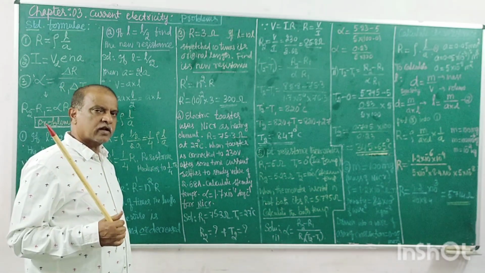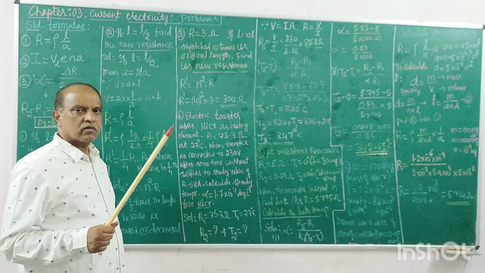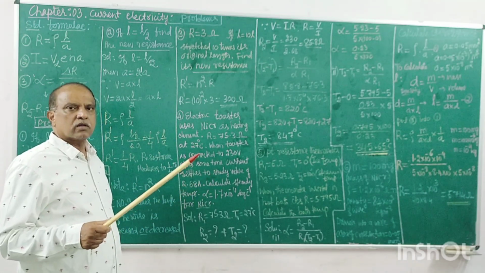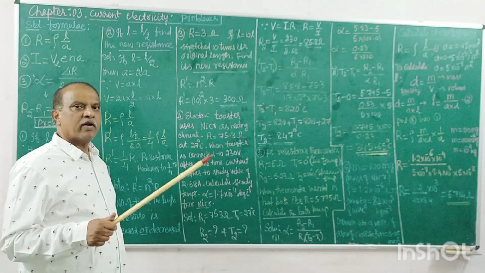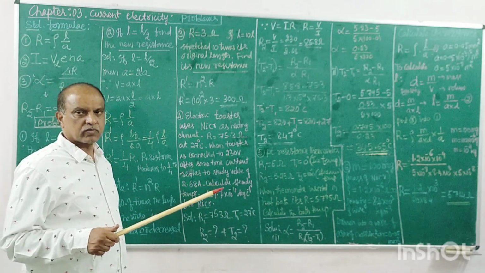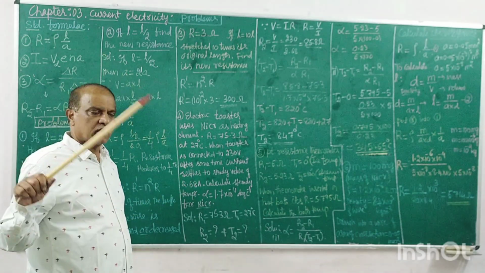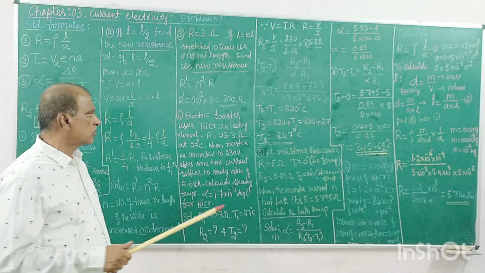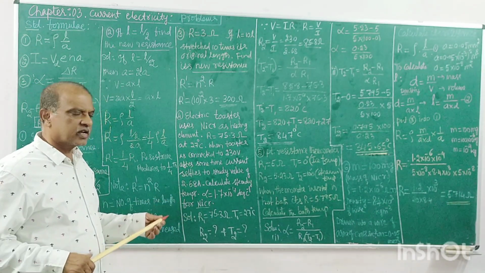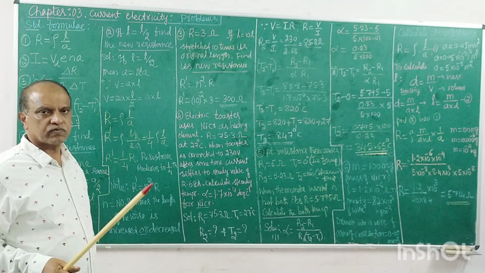Upon passing electric current through that resistance or resistor, what happens? Heat is liberated because power dissipation takes place. I told you that power is dissipated upon passing electric current through any resistor. So because of power dissipation, electric energy changes into heat energy, and temperature rises.